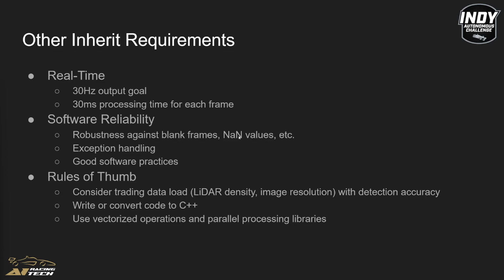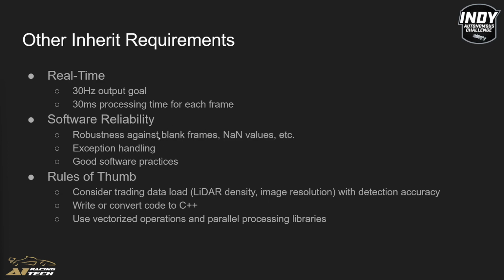And second, we have software reliability constraints. This means the software needs to be robust against a couple of situations, like what if you get a blank frame on your camera or LiDAR? What if you somehow get NaN values in the middle of the perception, which actually could be a pretty frequent problem? If, say, you are running a Kalman filter for tracking a moving vehicle, it's pretty frequent that a Kalman filter that's not so properly written would give you NaN values after a certain time, and you have to be reliable against that.